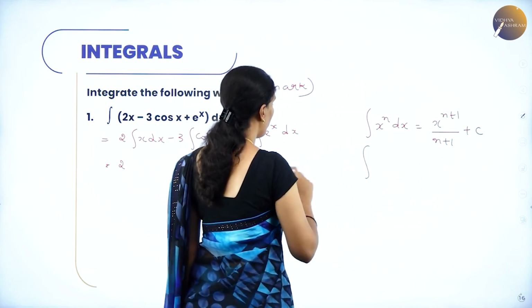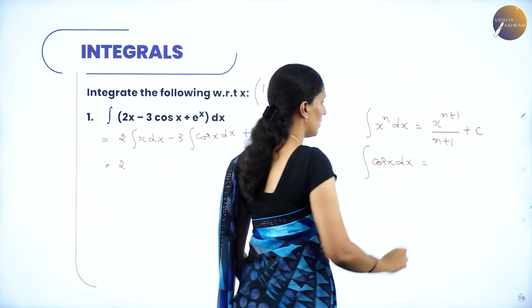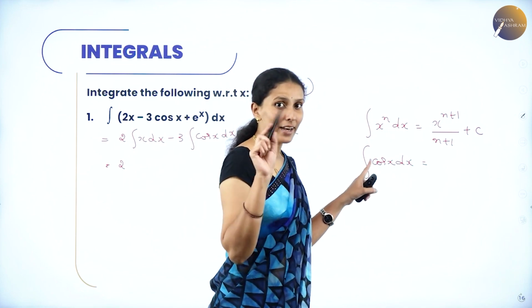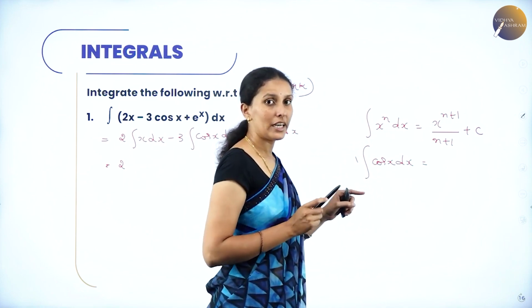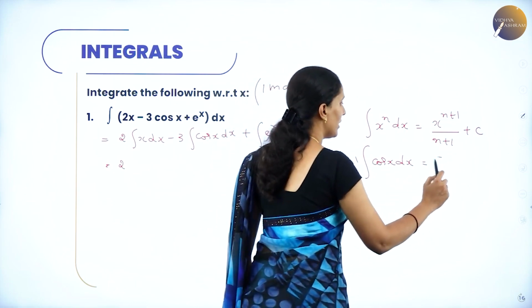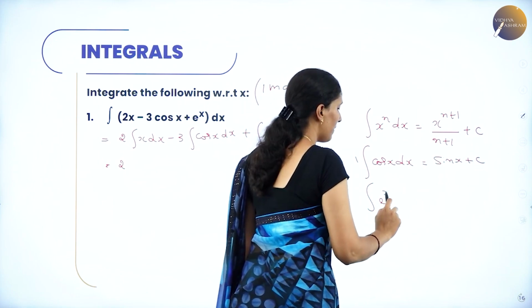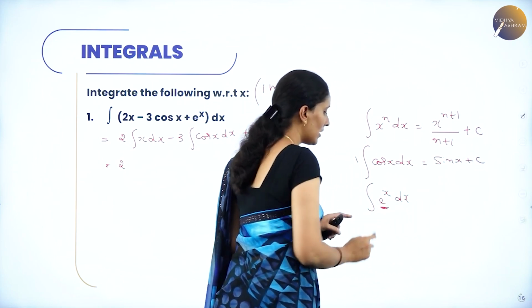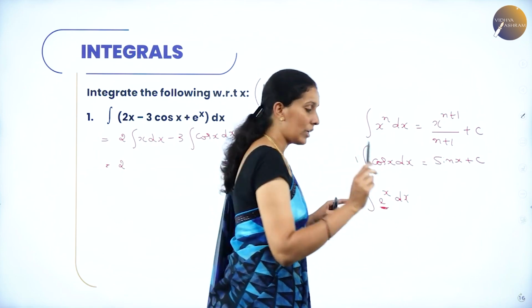And integration of cos x dx. Here cos x is a derivative. So derivative of which function? It is the derivative of sine function, and hence here I can write sin x plus c. Next we have e power x dx. Here e power x is the derivative of e power x only.